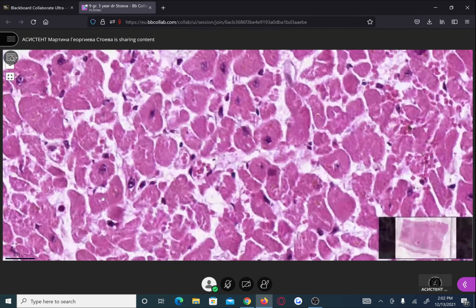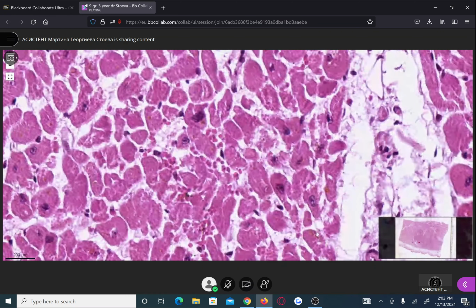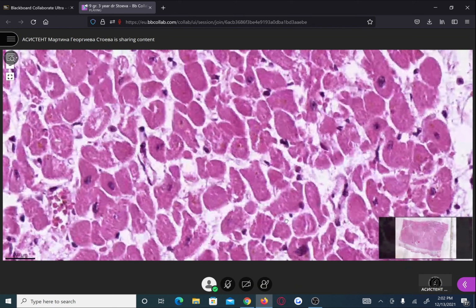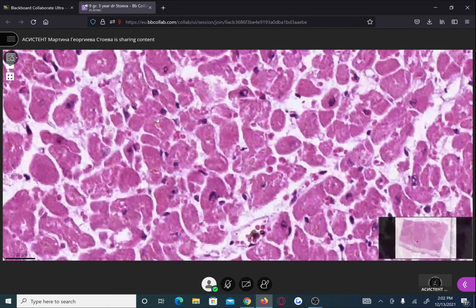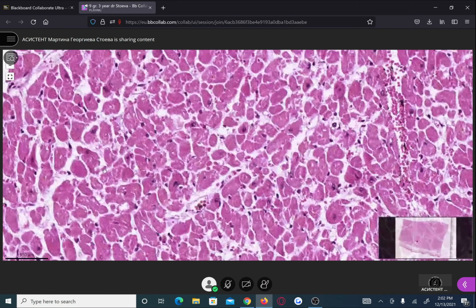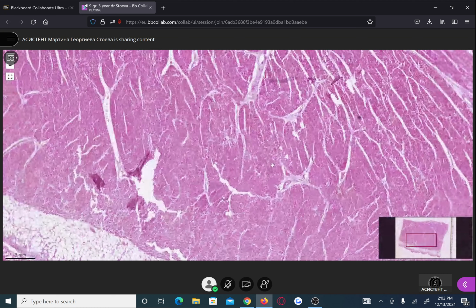The lipofuscin is again well visible, the yellowish granular pigment surrounding the nuclei. So really it doesn't matter where you zoom in, there is no necrosis in this slide of the myocardium.